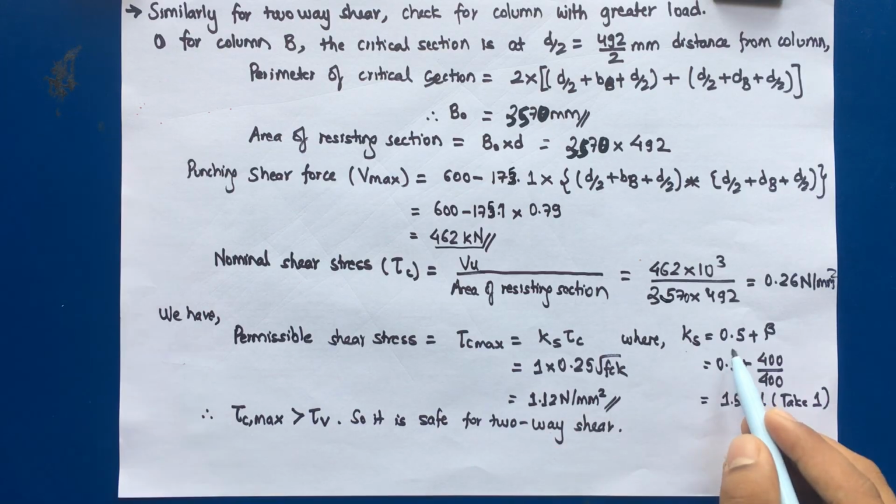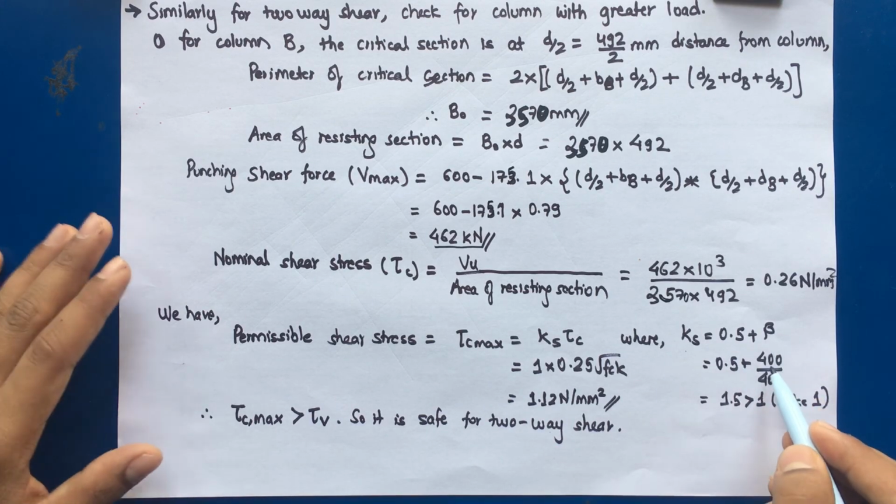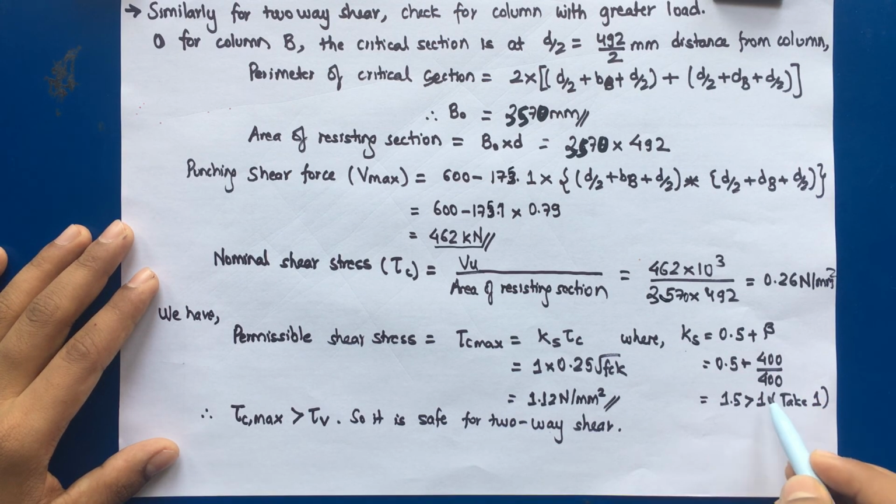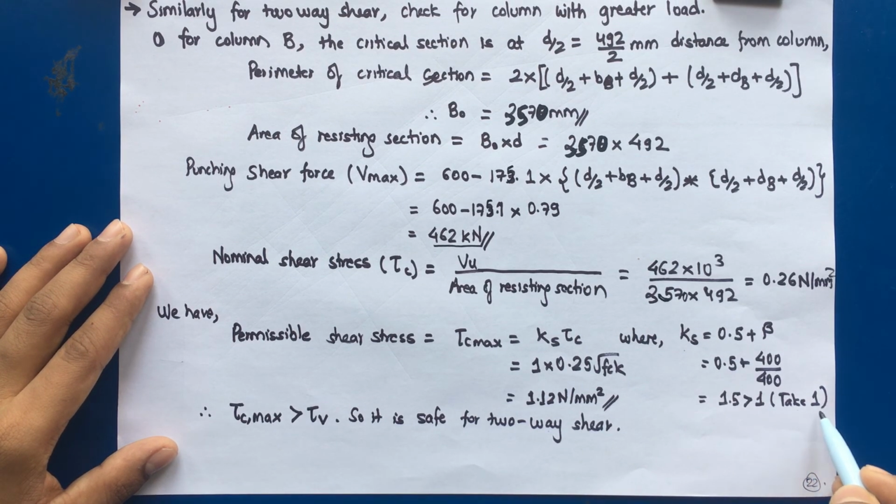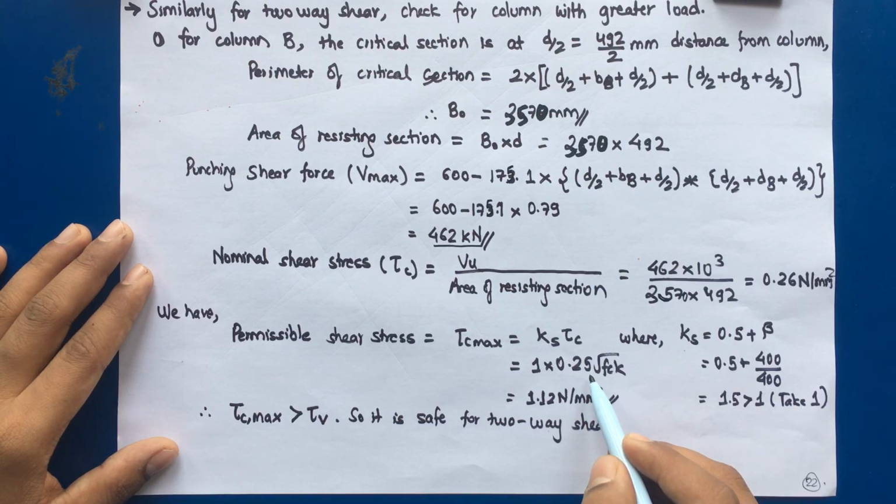So Ks is equal to 0.5 plus beta, the ratio of shorter side to longer side. So this comes as 1.5 and this value should not be greater than 1. So taking Ks as 1 and tau c as 0.25 root fck.